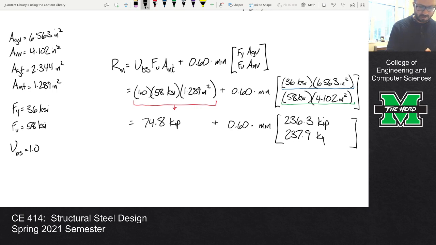Okay, and I'm getting those as well. So of those two, we're taking the minimum. So we're obviously going to take the one that's on top, right? Of those two, that one's the smallest.